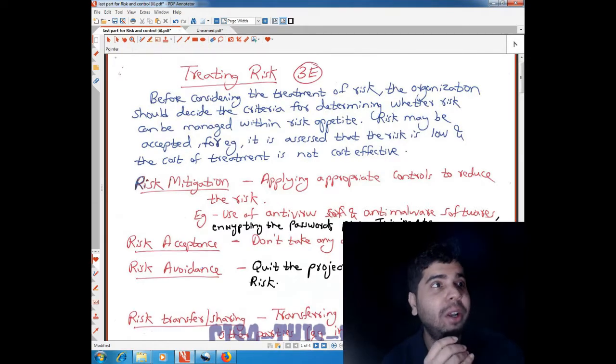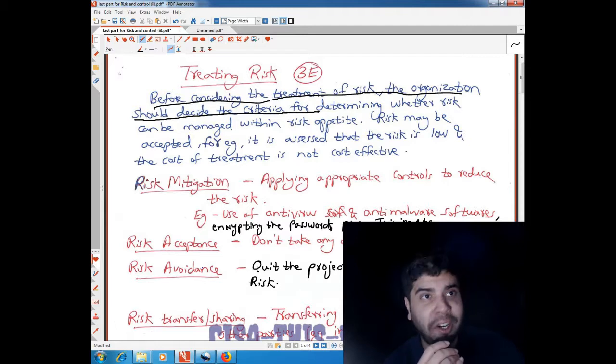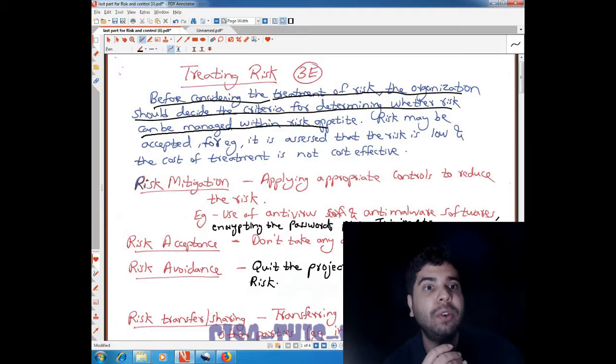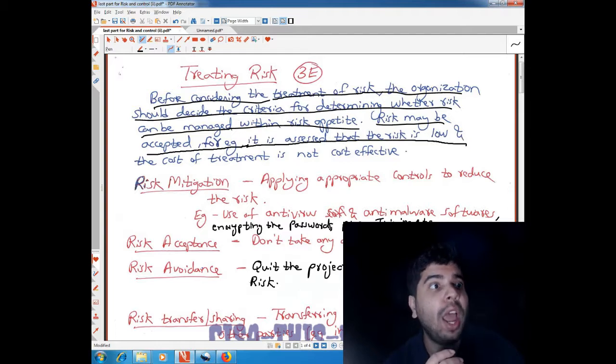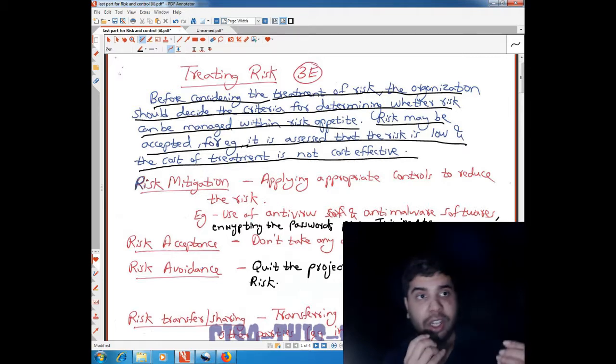Now let's read out. Before considering the treatment of risk, the organization should decide the criteria for determining whether risk can be managed within your risk appetite or not. Risk may be accepted, for example, if it is assessed that the risk is low and the cost of treatment, the cost of the controls, is not cost effective.